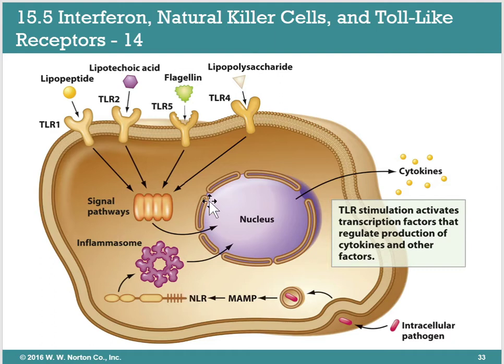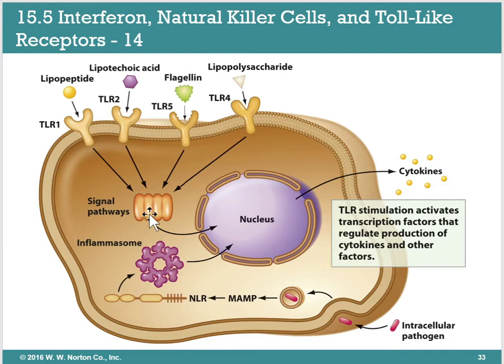Let's say we have flagellin located with our pathogen, and TLR5 is the one that is specific for that. TLR5 is going to bind to that flagellin, and once that attachment occurs, there will be a signaling cascade. I'm not going to expect you to know the signaling cascade.